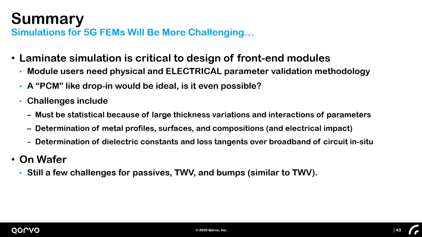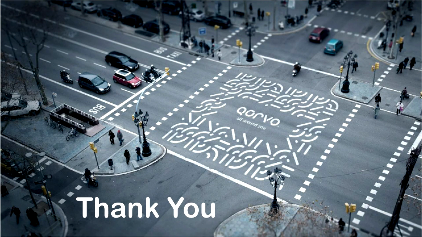Challenges: statistics is critical for this because of those thickness variations that I showed before. The metal profiles, you have to know what's really on the wafer ultimately. And we want those dielectric constants and loss tangents over broadband, not just single points. On wafer there are still a few challenges, and the through wafer vias and bumps and things like that are still issues. That's it. Thank you.